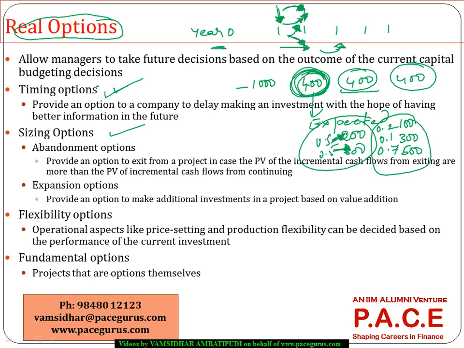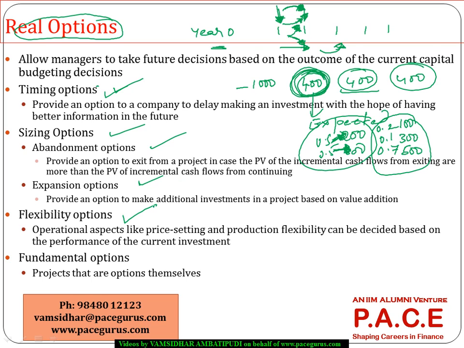Either I can abandon the project, means I am not investing heavily, I am pulling out of the project, or expansion. I can think of more and more investment in the project in case I am seeing that at the end of 1 year this is going towards the profitable side. So that is where we talk about either the abandonment option or an expansion option, categorized under the sizing option.